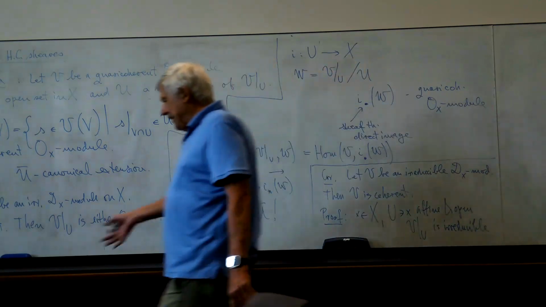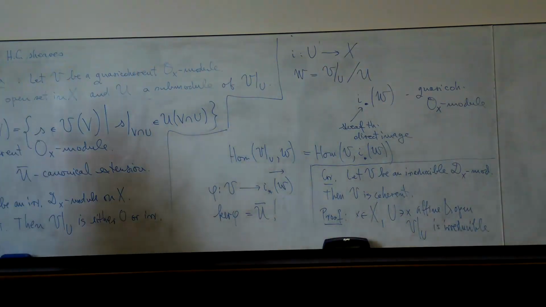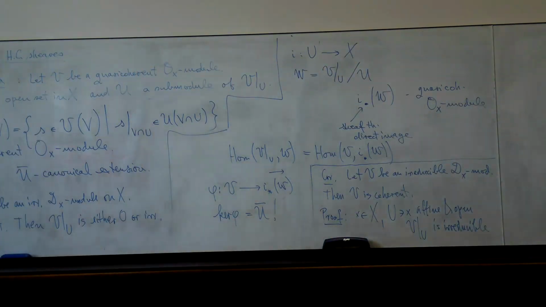or V restricted to U is irreducible. Then essentially by the same argument as Serre's theorem about O modules on an affine variety, one can prove that in this case the global sections of V restricted to U are an irreducible module over differential operators on U. So it's generated by any non-zero section.